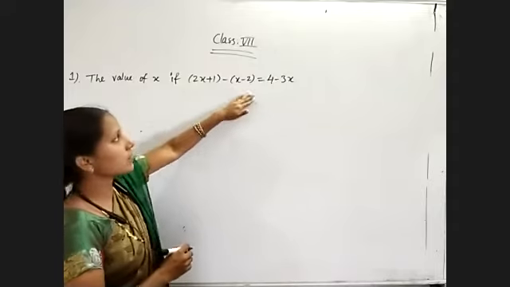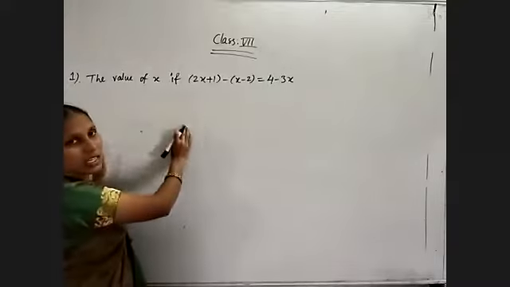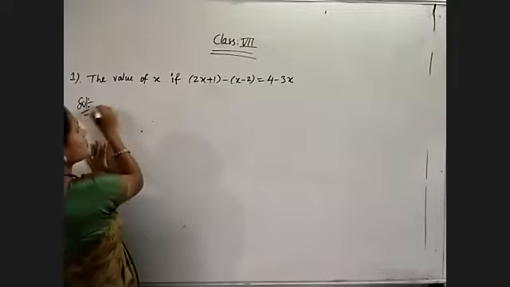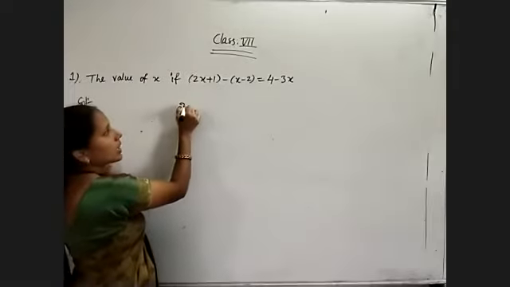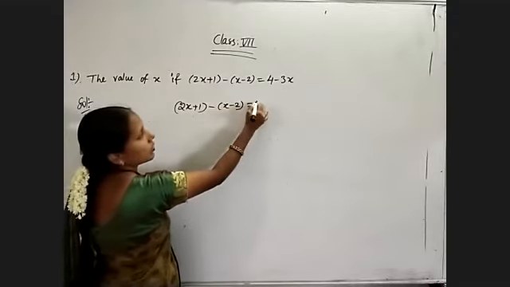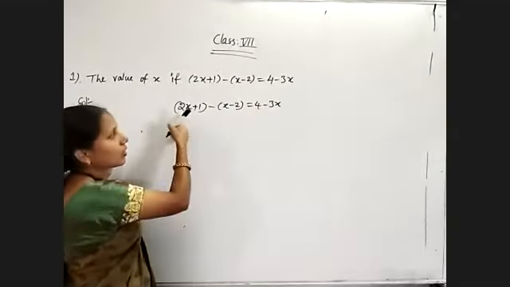So in that case, first of all, simplify the brackets. This is a directly given equation, and the simplification is very simple. Take 2x plus 1 minus (x minus 2) is equal to 4 minus 3x. This is the given equation. Now remove the brackets first of all.